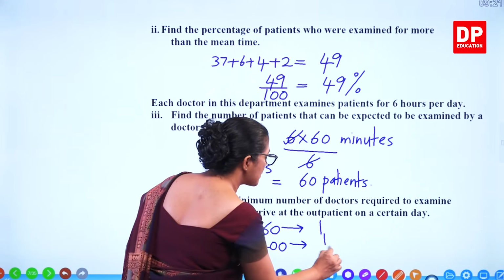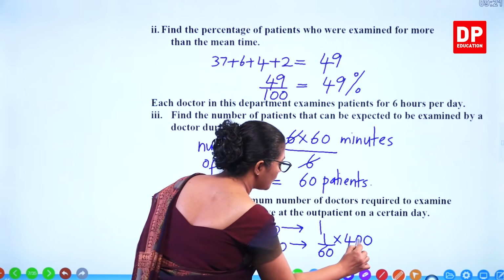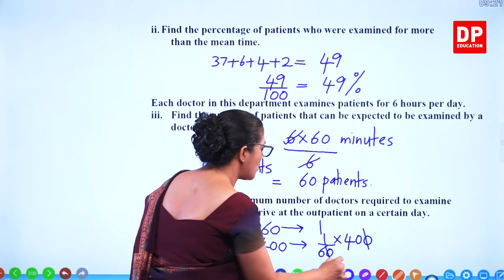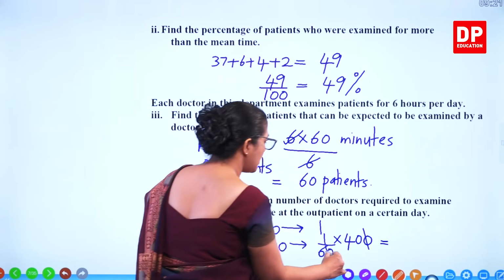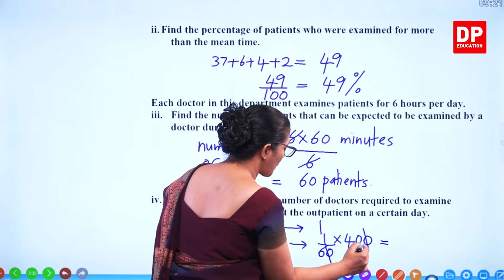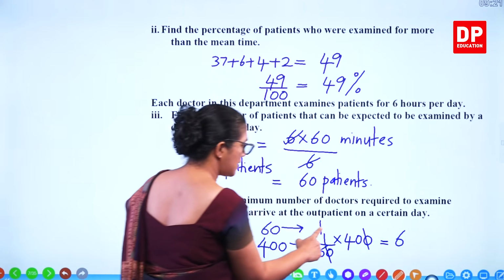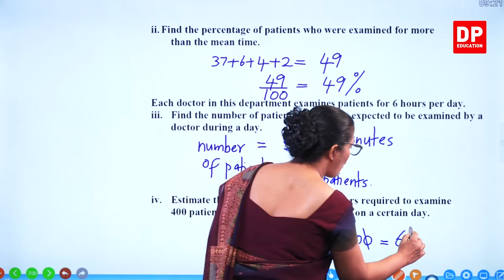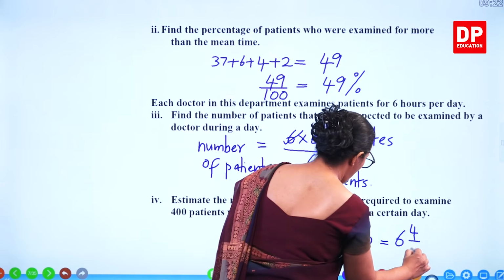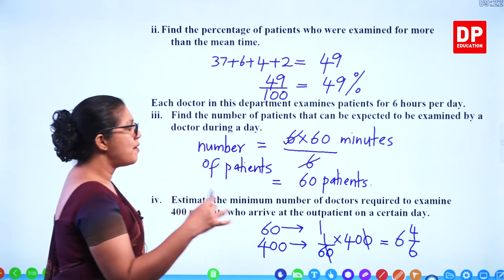So 1 over 60 into 400. So 0 gets cancelled out. You get 40 divided by 6. So you get 6, 36 and 4 over 6. 4 over 6, so this is a fraction, 6 and more.